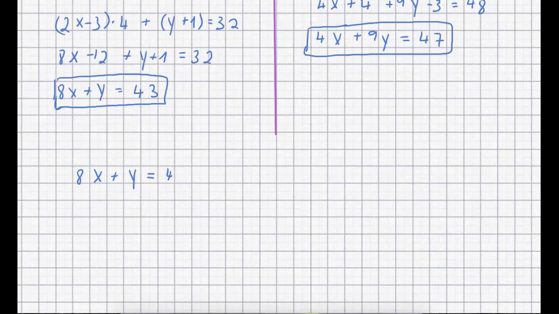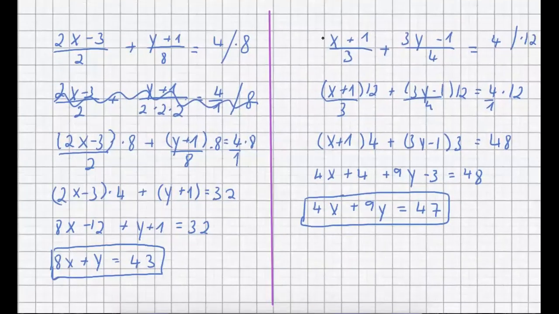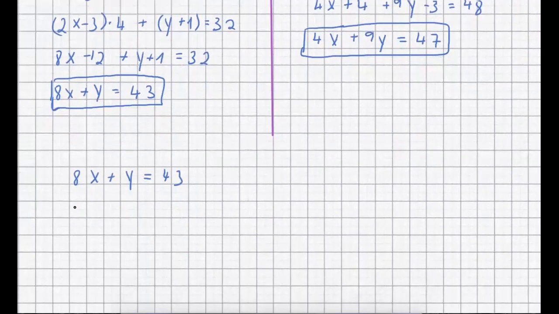But in the first part, please do this part side by side. When you get to the end, you can write it down. Got it. So now it's 4x plus 9y equals 47.